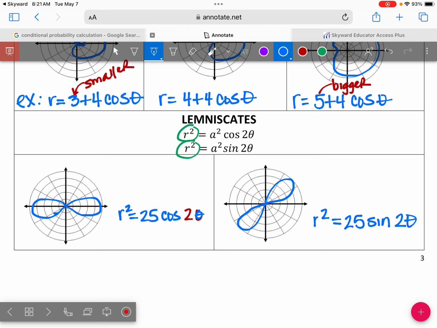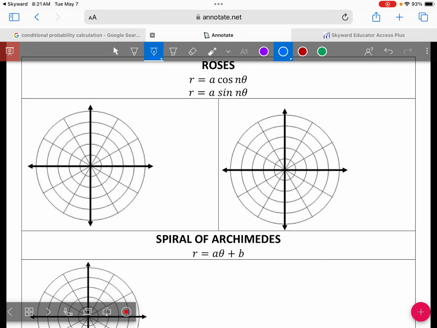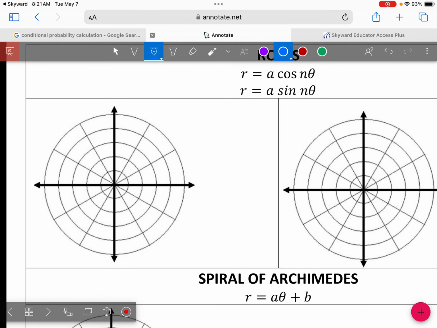All right, so now let's look at the next page, the last two: the roses and the spiral. So for the rose, let's do this first one. If we have r equals, let's say, 4 cosine of 3 theta, this 4 determines the length of the petal.